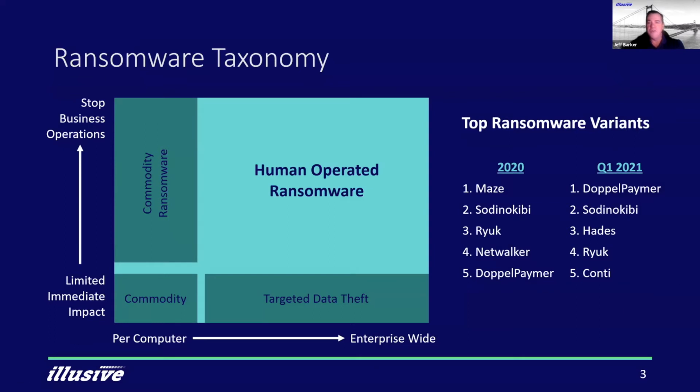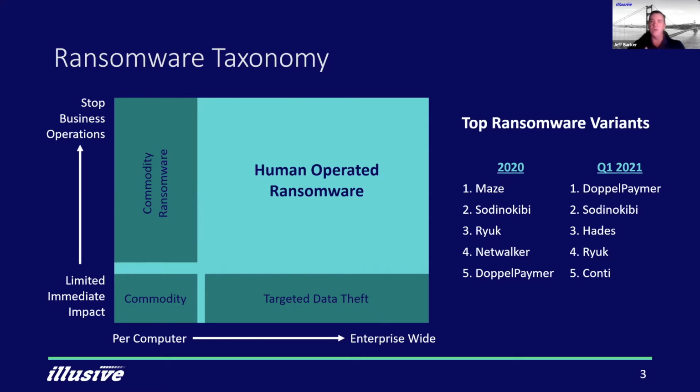First, to level set everybody, I think it's helpful to understand what type of ransomware we're talking about. We started the ransomware journey years ago with WannaCry and NotPetya, spray and pray, and it's really evolved into ransomware as a service and ransomware families, really focused on human operated ransomware.